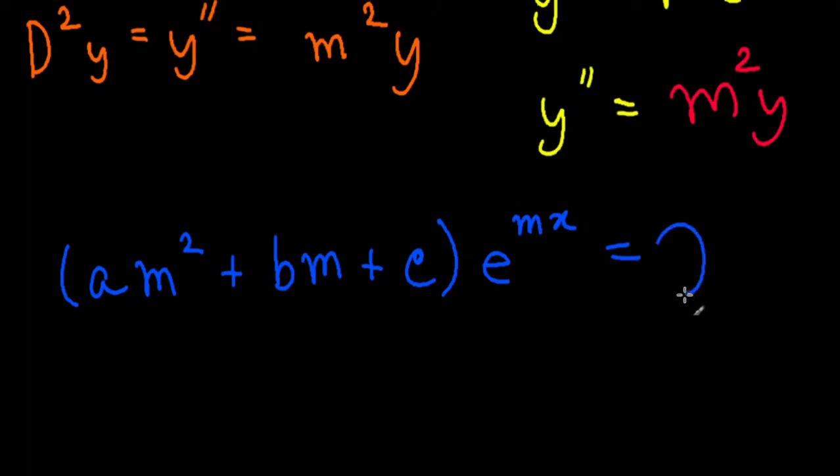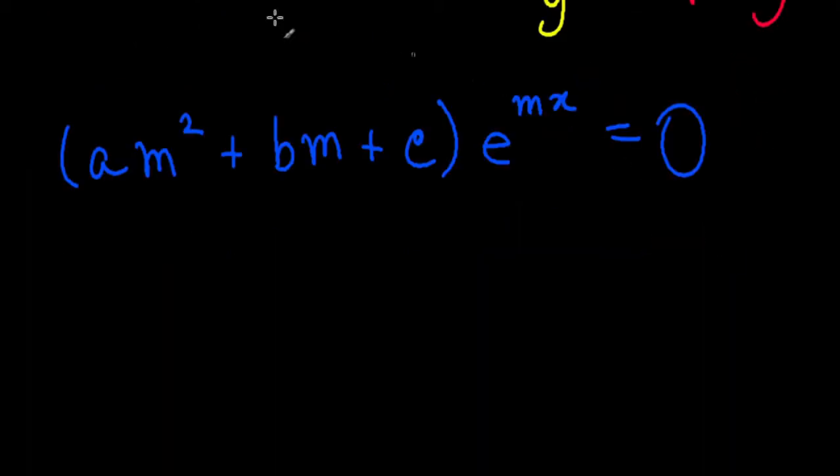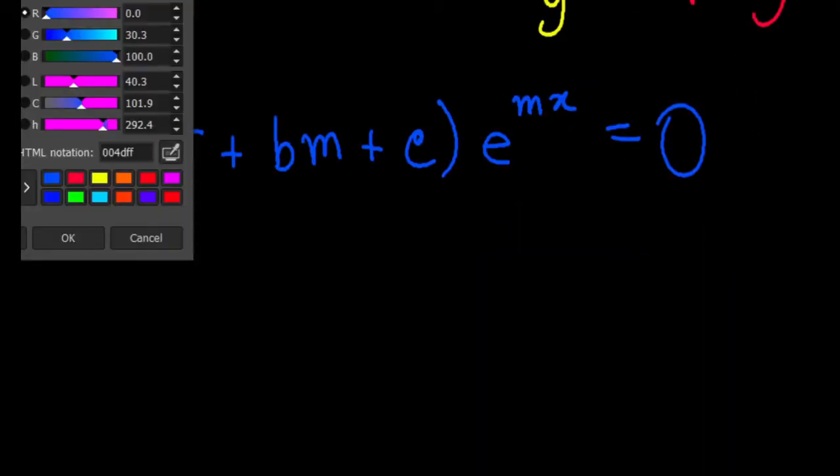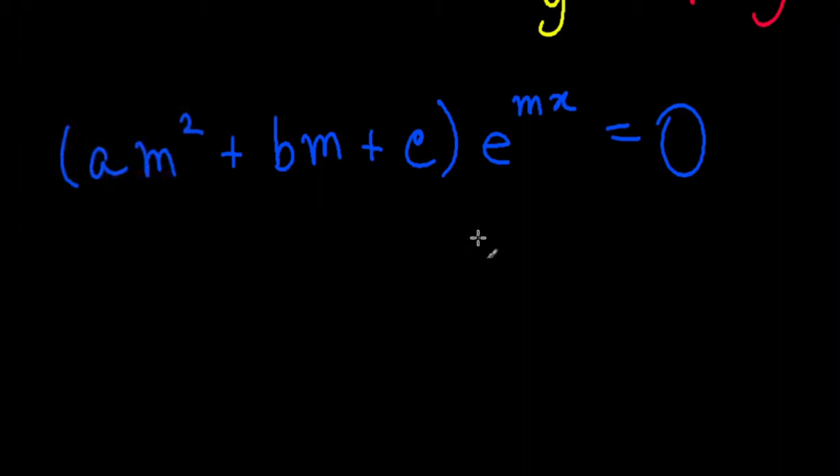Now this is equal to 0, and if we want to solve this, it's actually super convenient. Another bonus of the fact that our function is the exponential function is that, at least for real numbers, e to the power mx can never equal 0.